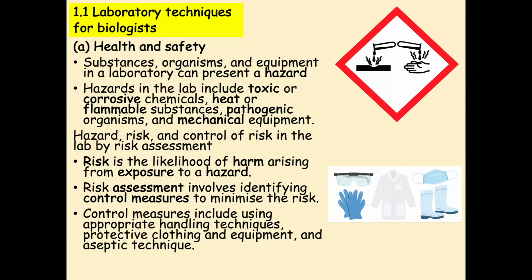There's a nice list there as well at the bottom of control measures: appropriate handling techniques, so the way that you move things around, the way that you pick up and transport various things within the lab; protective clothing that we just covered; and equipment; and obviously aseptic technique, which I mentioned a moment ago in association with the pathogenic organisms. And we'll talk a little bit more about aseptic technique towards the end of Unit 1.